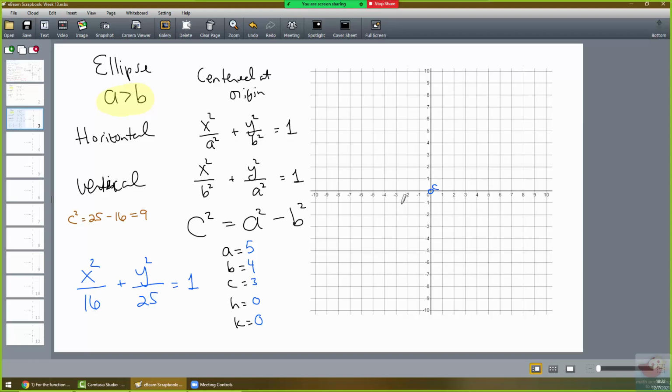We're going to move vertically a units away to find the vertices. Since a is 5, that means we're going to go up and down 5. If we go up 5, that gives us one vertex at 0, 5. And if we go down 5, that gives us another vertex at 0, negative 5.